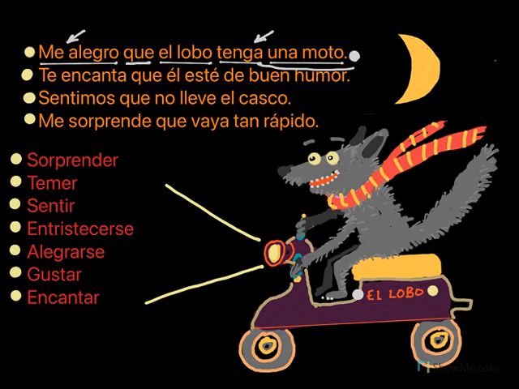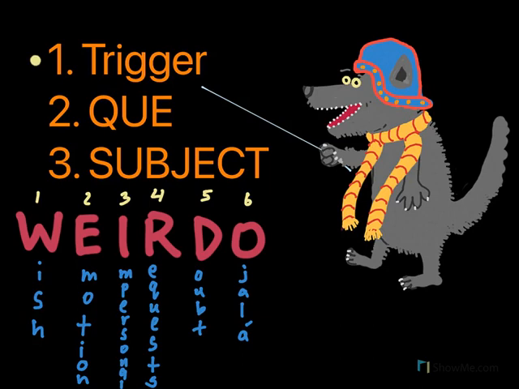So let's take a look here. In order to use the subjunctive, you need the trigger, check. You need que, check. You need two or more subjects. And just to refresh your memory, this weirdo is a mnemonic device to remember the triggers for the subjunctive.